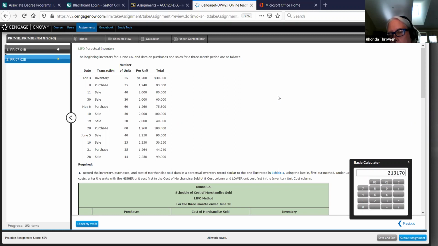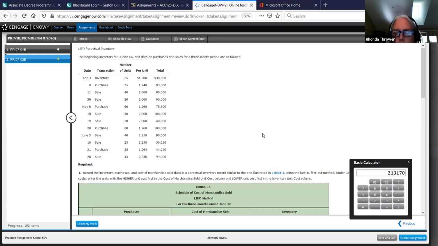We're still going to sell the units that we got in first. It's just that the LIFO method is a way to place a dollar amount on the cost of goods sold, and it is acceptable to do this. And management has a choice. They can use the FIFO method or the LIFO method.